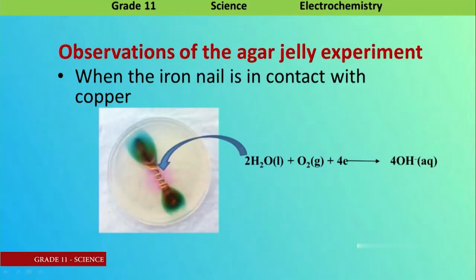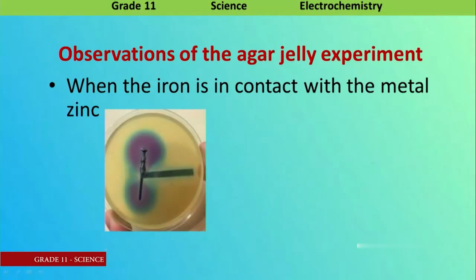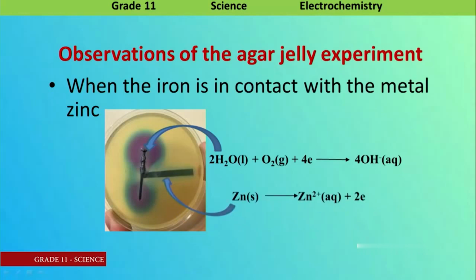Here you can see that when the iron nail is in contact with copper, the reduction reaction takes place near copper and oxidation takes place near iron. That means iron corrodes faster when copper is in contact with iron. When iron is in contact with the metal zinc, the reduction reaction takes place near iron and oxidation takes place near zinc.